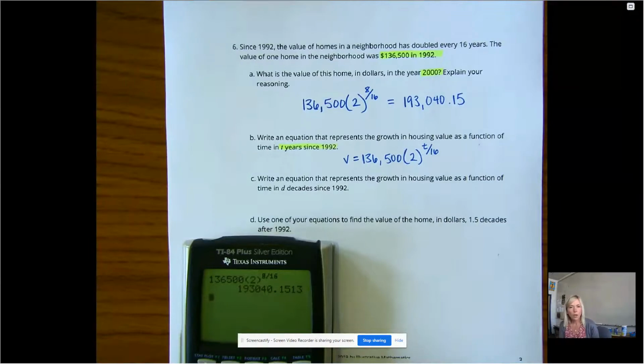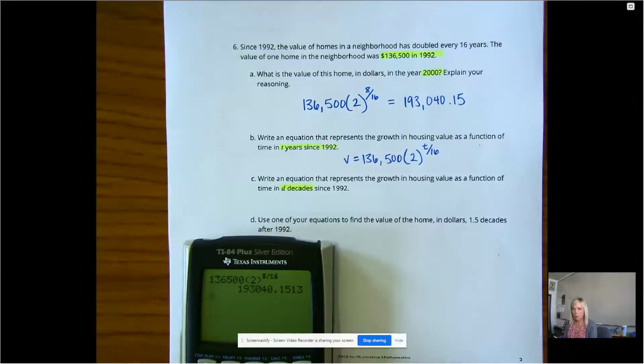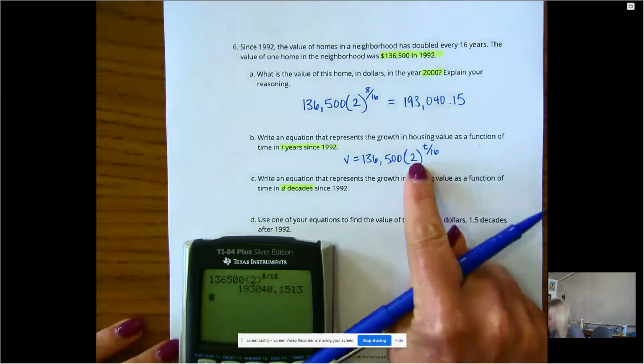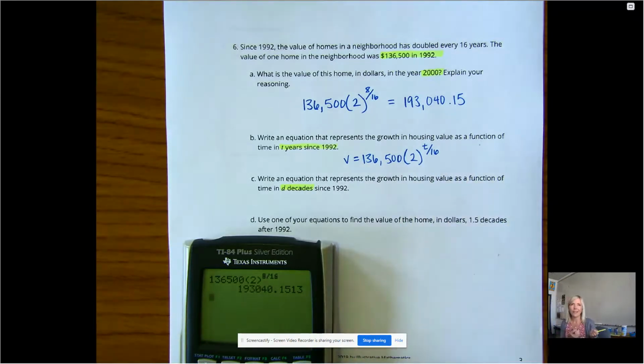There are other ways we could have written that, but that's the one I chose to do. All right. Write an equation that represents the growth in housing value as a function of time in D decades since 1992. So let's remember that a decade is 10 years. There's a couple of ways we could write this, but I'm going to adjust inside the parentheses for this one. I think that would be easier because every decade it's 10/16 of that 16-year time period.